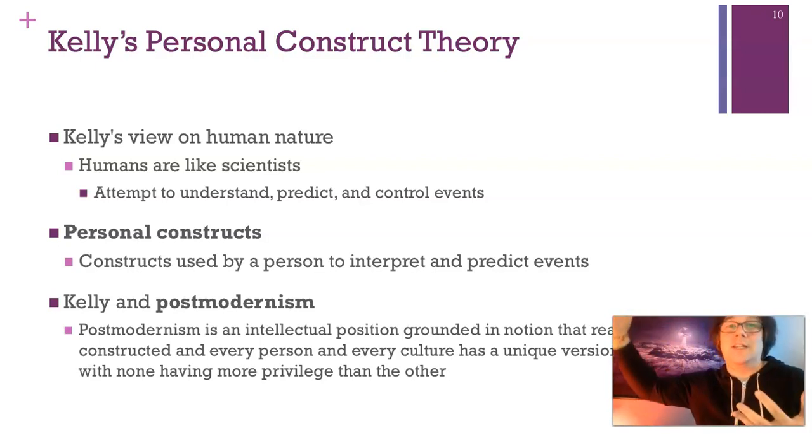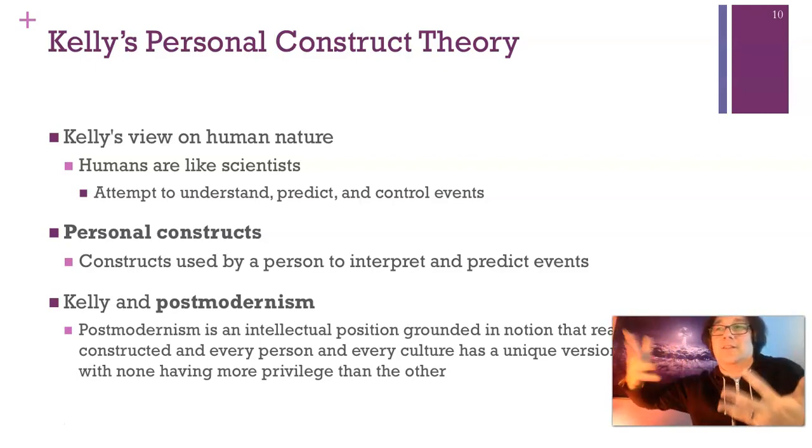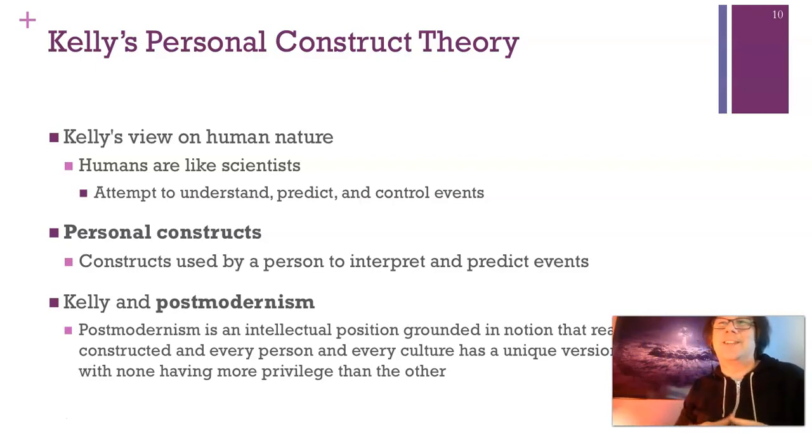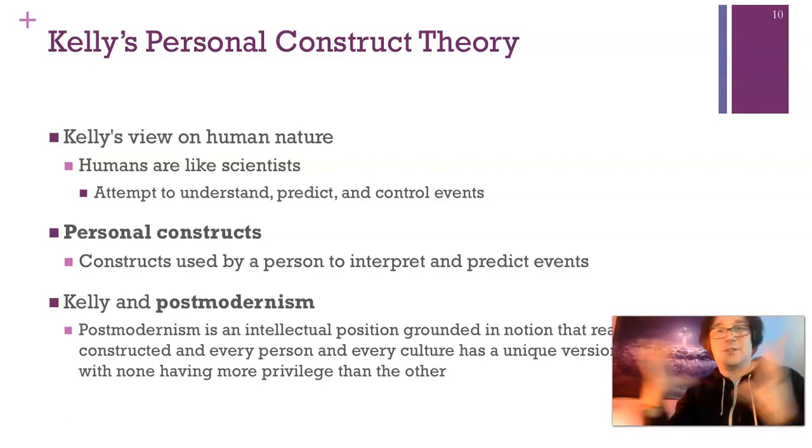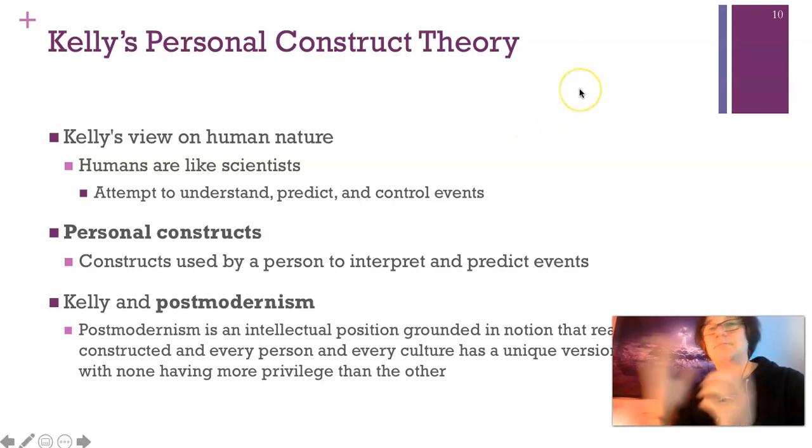So like extreme contentment or jubilation, some extreme type of happiness. So according to Kelly, these constructs are bipolar. They exist on a continuum, and everyone's going to be somewhere between those extreme opposites.